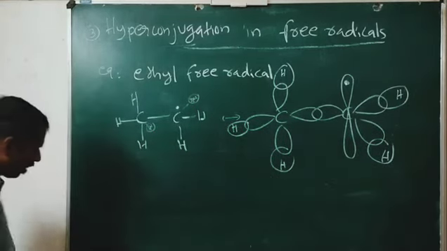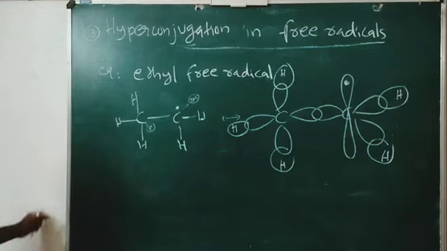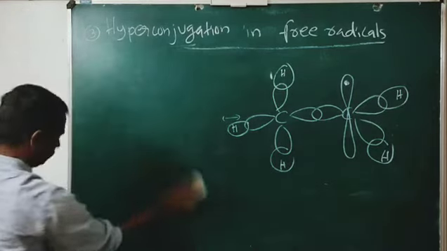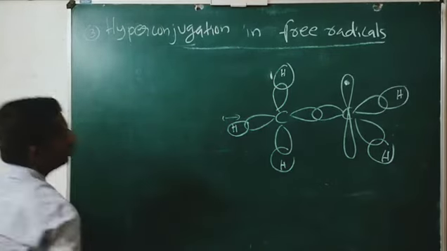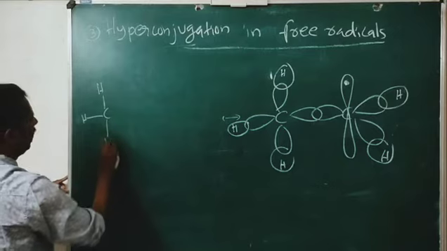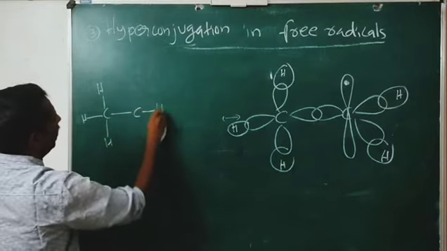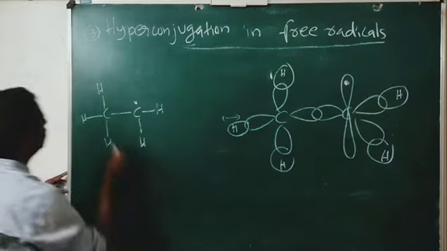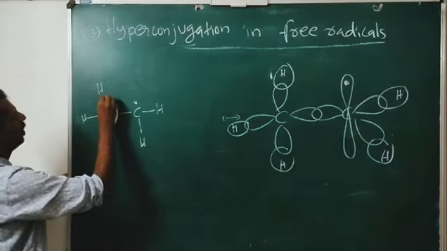Now how does the hyperconjugation interaction take place? Look at here: C, H, H, H, and here C, H, H, with a single electron. This bond means a pair of electrons: here is 1 electron and here is 1 electron.